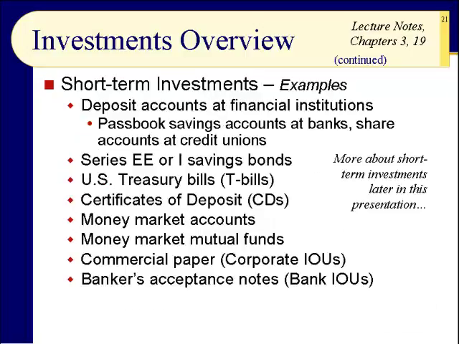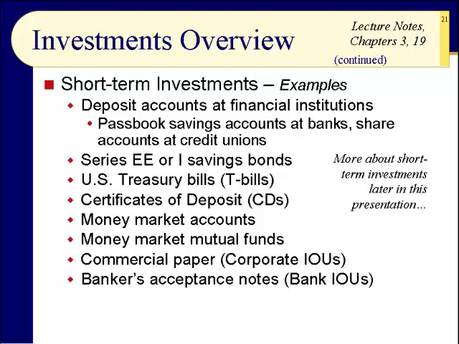Slide number 21. Let's take a look at some examples. As we said, we will discuss these in detail in the fourth presentation of our first section here. Deposit accounts, savings accounts, share accounts. They're called savings accounts, but at credit unions their legal term is share accounts.